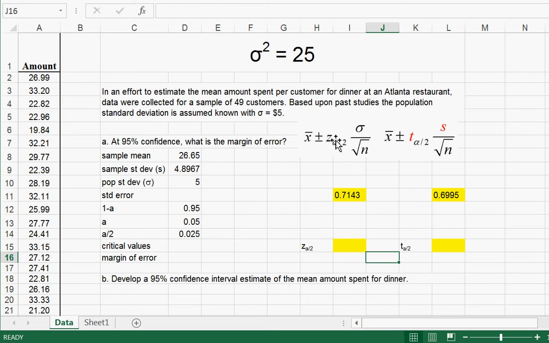Being above the population standard deviation means what? Which confidence interval is going to be wider? If we used a z instead of a t, and s is bigger than sigma, this confidence interval is a little wider. But for people where s is less than sigma, this confidence interval, if we're using z, would be smaller.